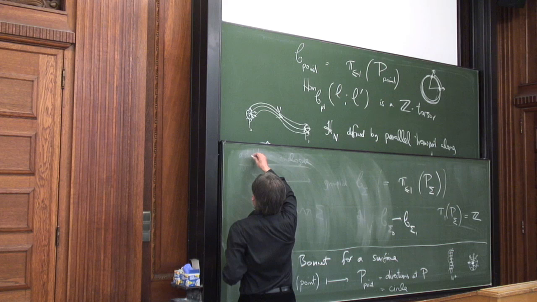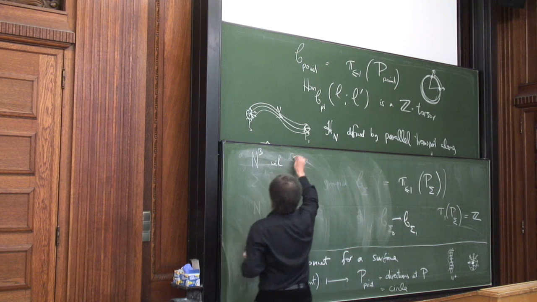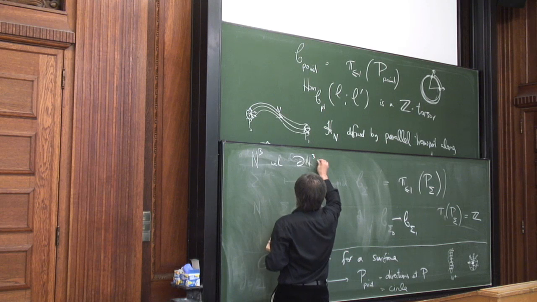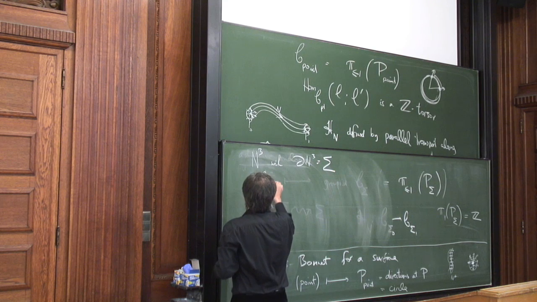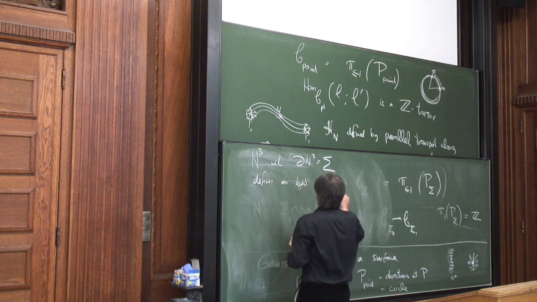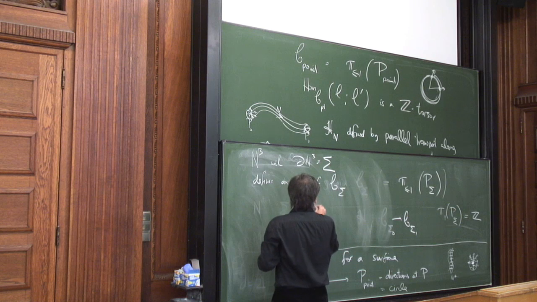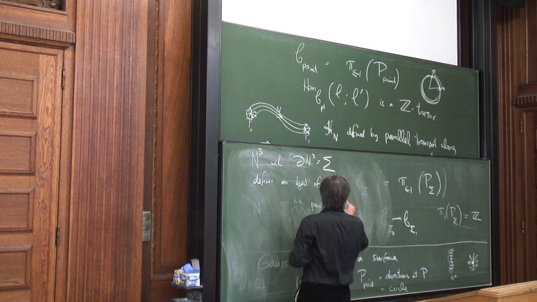a three-manifold N with boundary sigma defines an object of C sigma, that is to say, a point of P sigma.